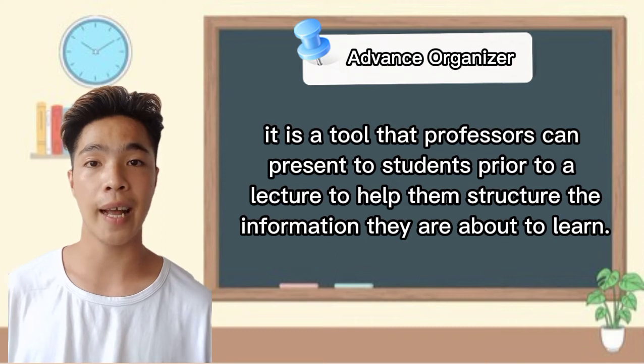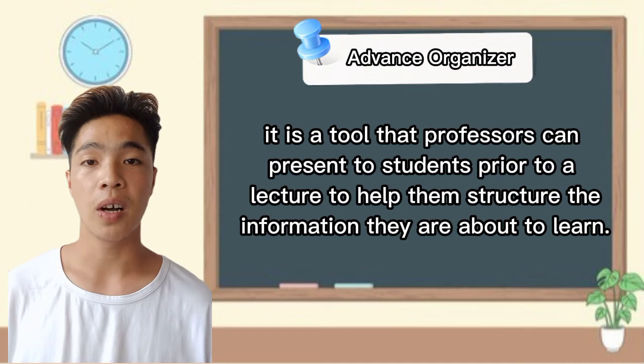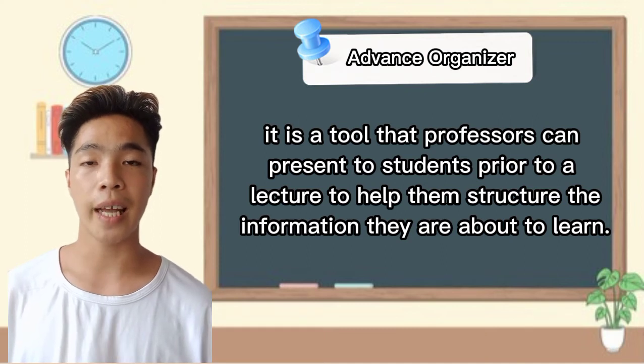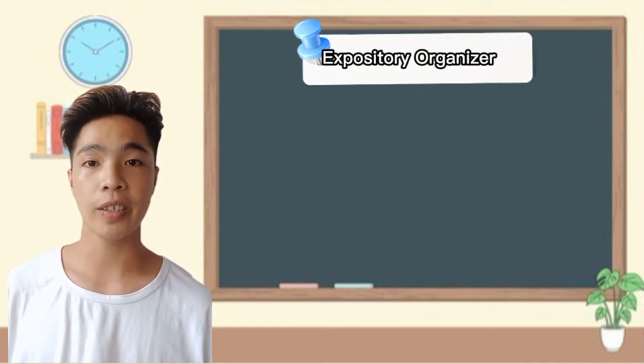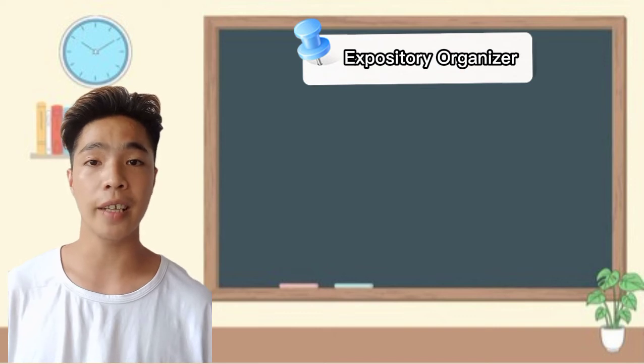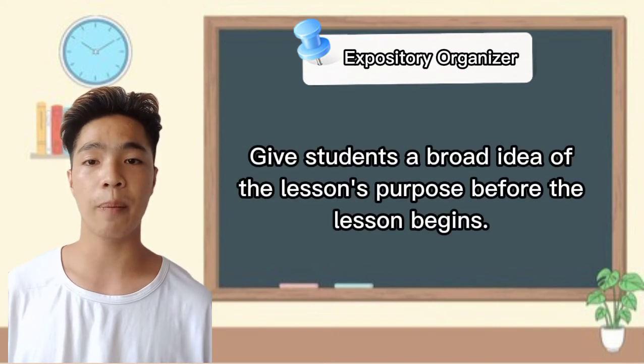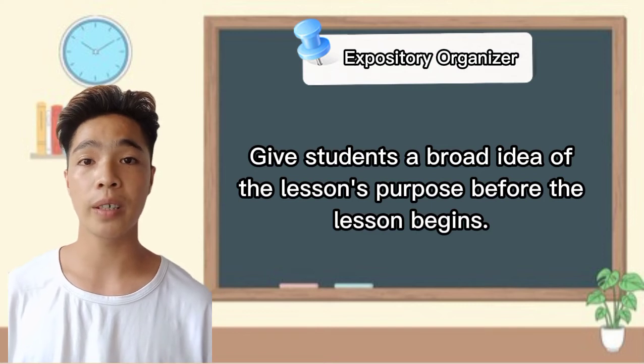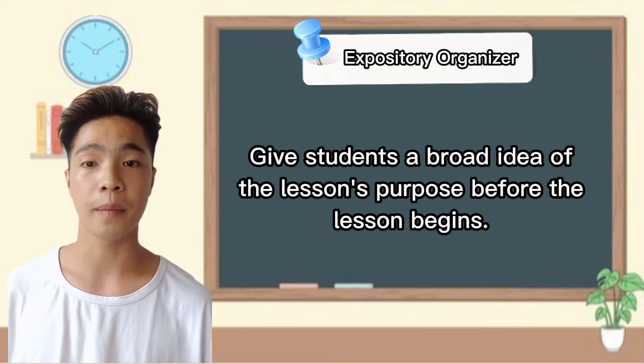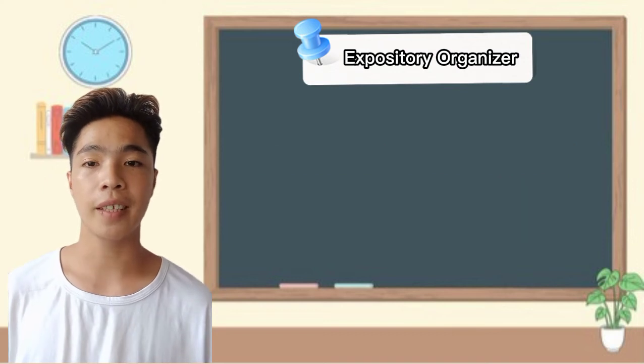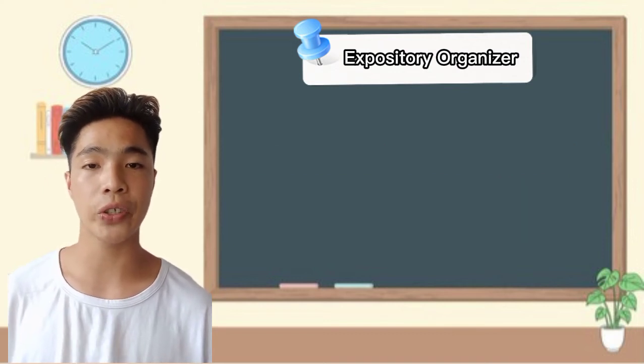And let us look at the different types of advanced organizers. First, we have the expository. The expository describes new knowledge and gives the students a broad idea of the lesson's purpose before the lesson begins. For example, a teacher may tell us what the lesson's goals are.